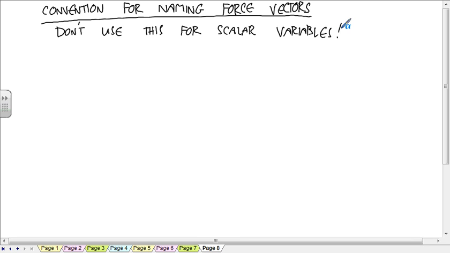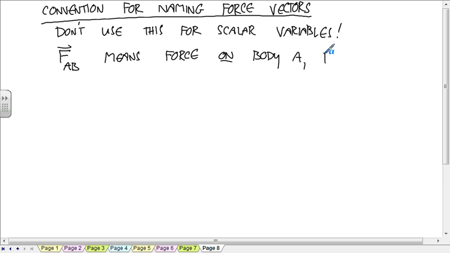Okay, so the naming convention is we're going to call a force vector F sub AB when we're talking about the force on body A by body B. And to a lot of people, besides being sort of unnecessarily complicated, it also seems sort of backwards with the way you tend to think about things.